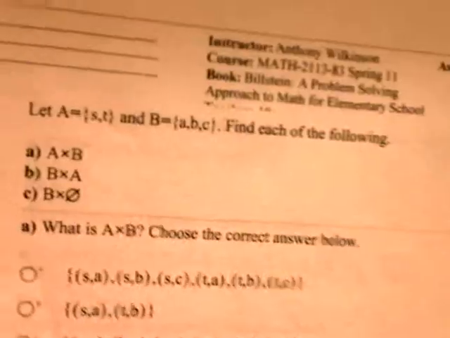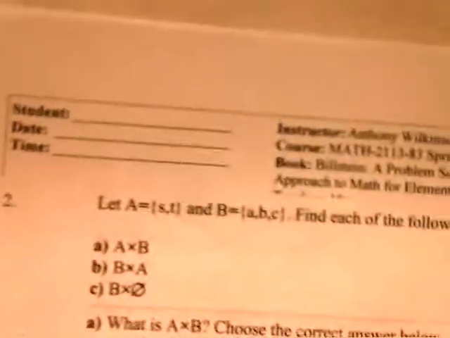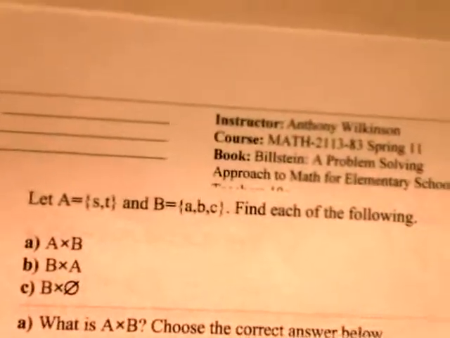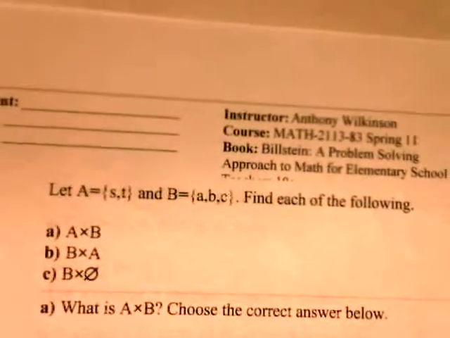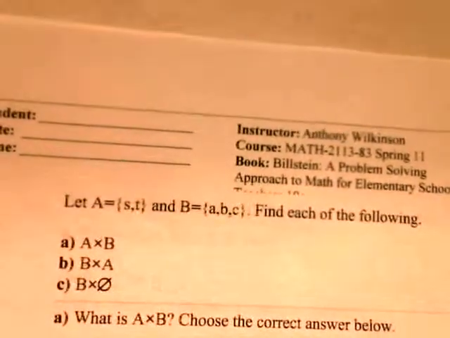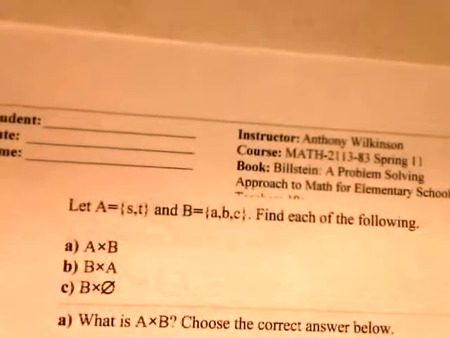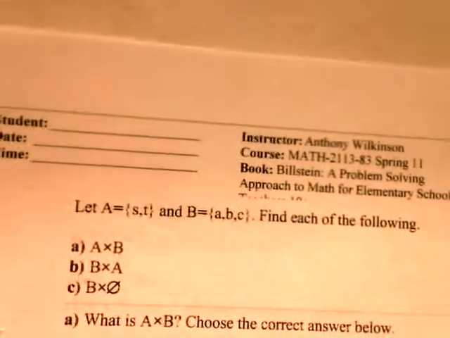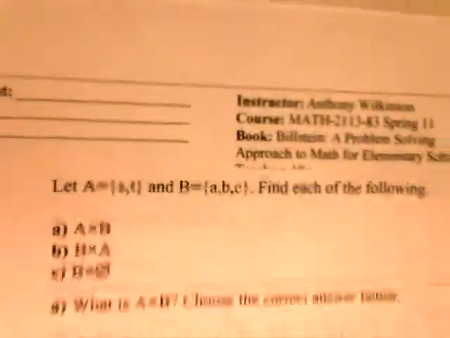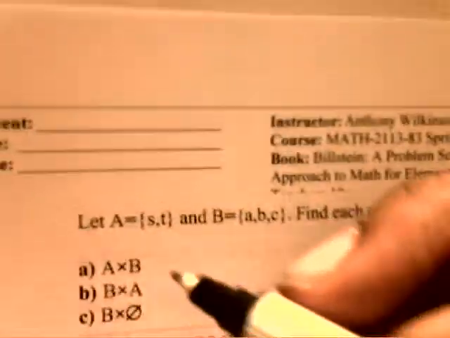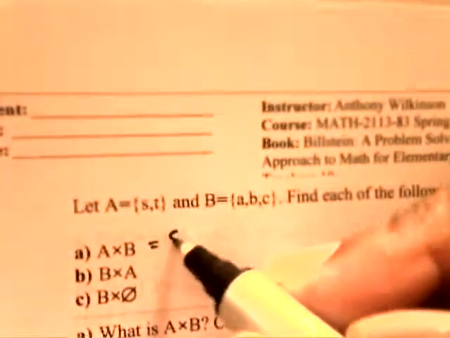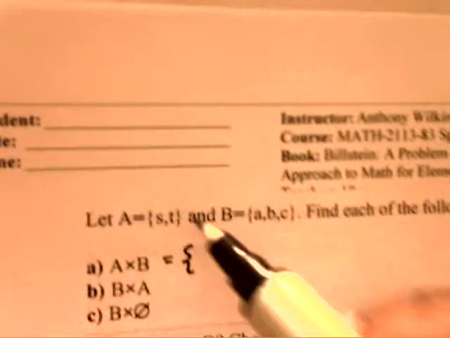Okay, problem number 2. Let A equal {S, T} and B equal the elements A, B, C. Find A cross B, B cross A, and B cross the empty set. Well, if we want to find A cross B, what we're going to have to do here is this.